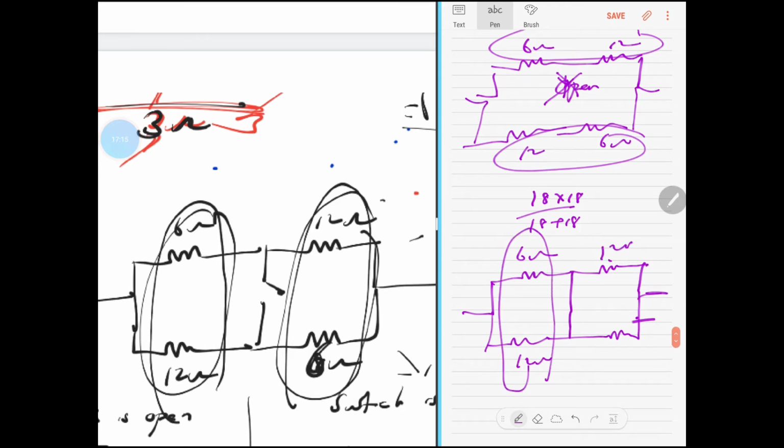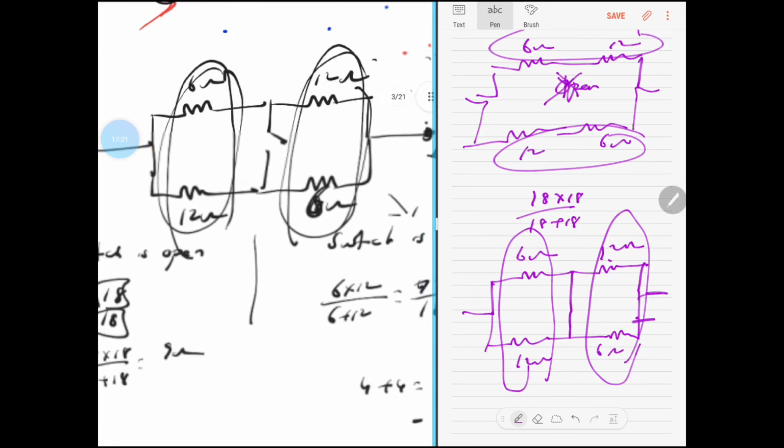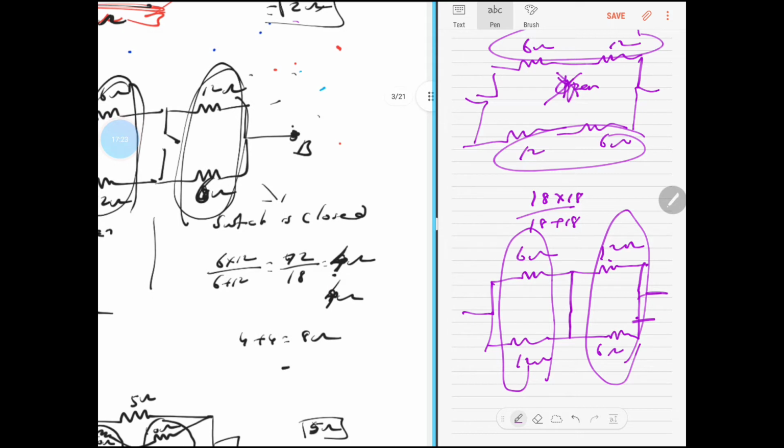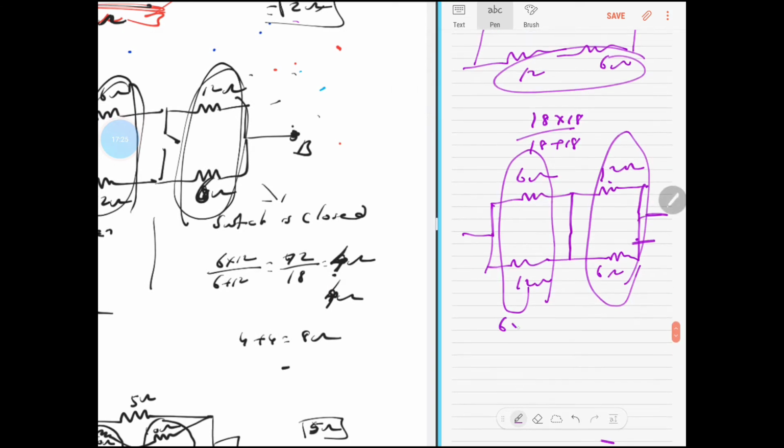This 12 ohms and this 6 ohms, these two to be treated as parallel. First setup, first is to do those as parallel. So then this is 6 into 12 by 6 plus 12, which will be 72 by 18, and so it's 4 ohms. And this will also be the same anyway.